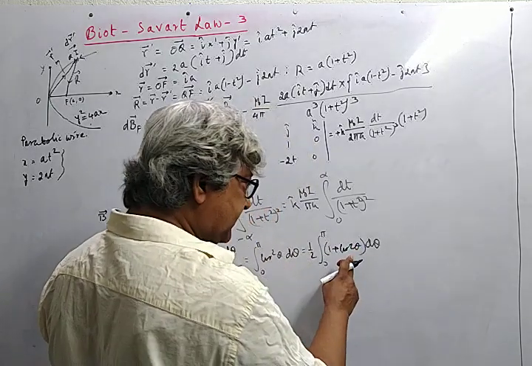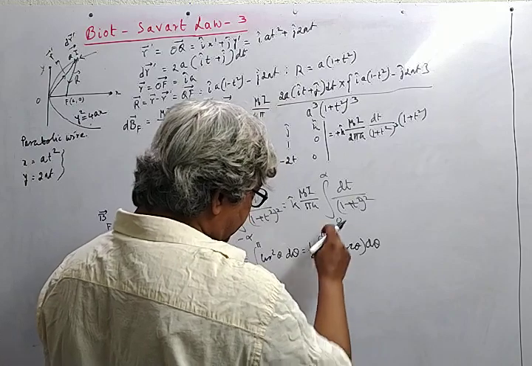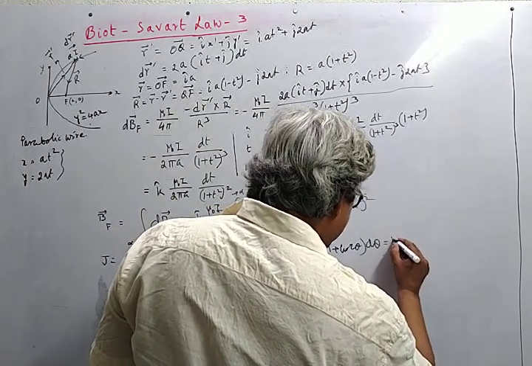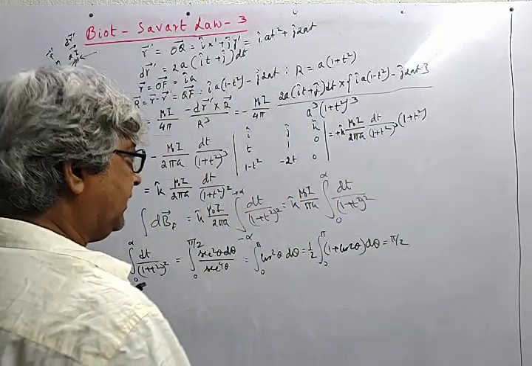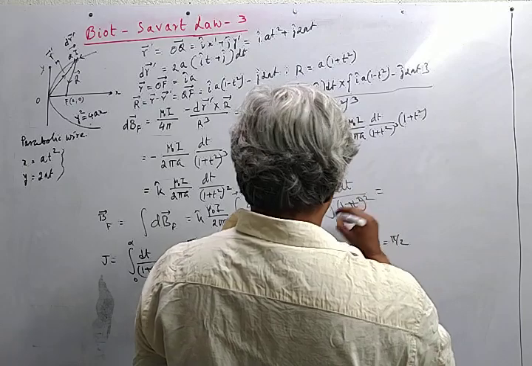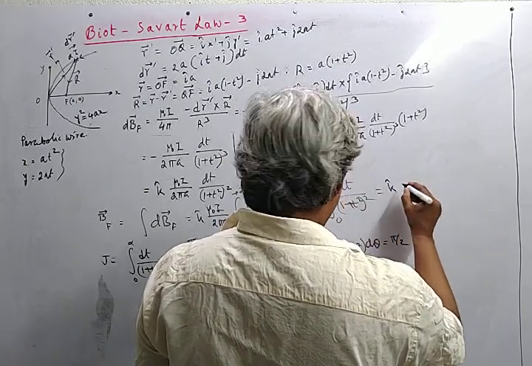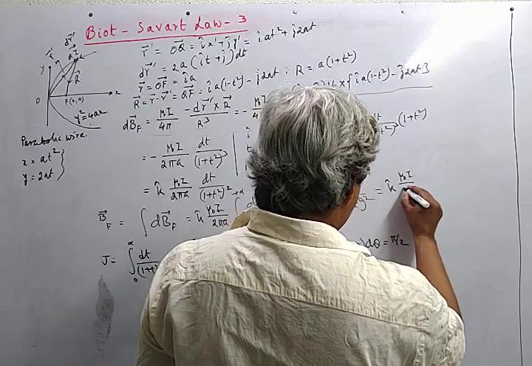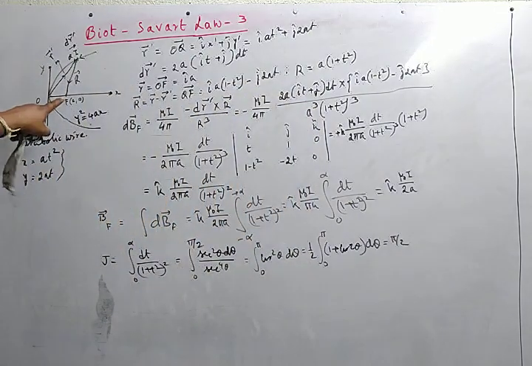It will give you sin theta, which when integrated with the limits gives you 0, so the result is pi by 2. So the total field is simply k cap mu 0 I upon 2a, which is the field at the focus of the parabolic wave.